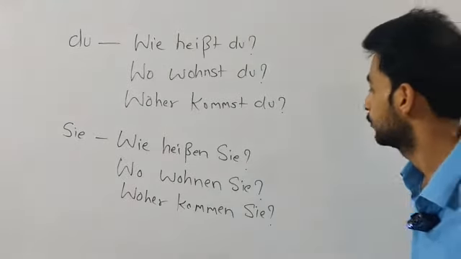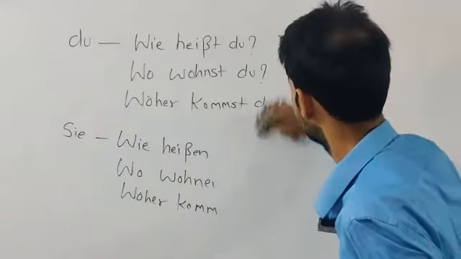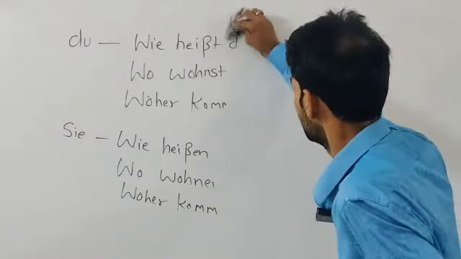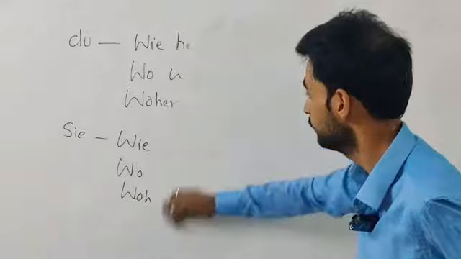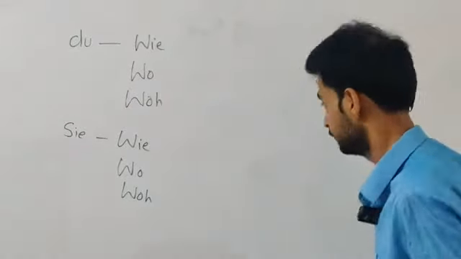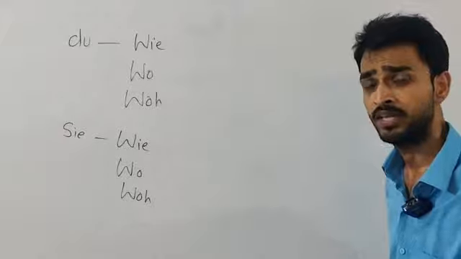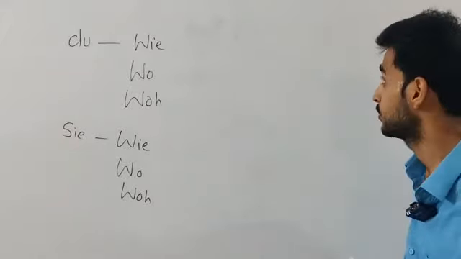It plays an important role in the German language. So if you are a beginner, as I said, you can watch our previous videos. There are over 1,000 videos available on the channel. And if I talk about the A1 level, there are over 40 videos. So now we'll see personal pronouns, first person, second person. This is also very important for a beginner.